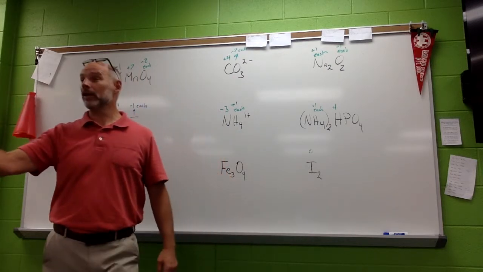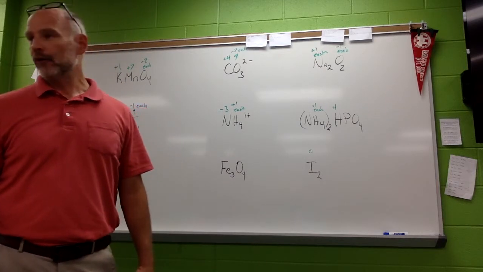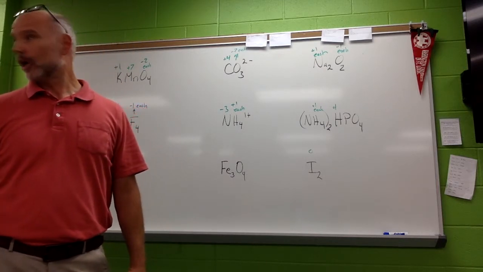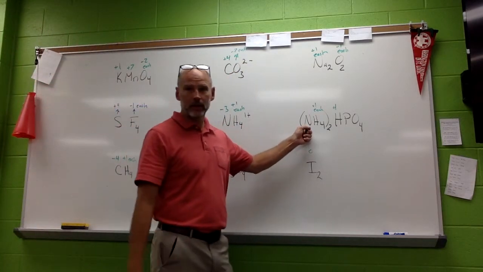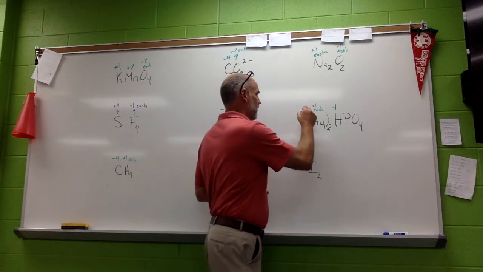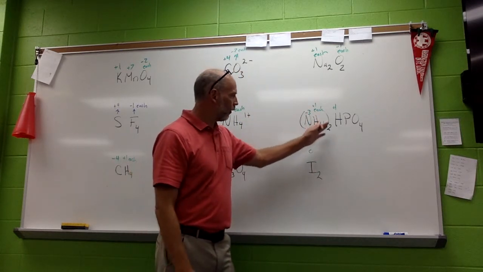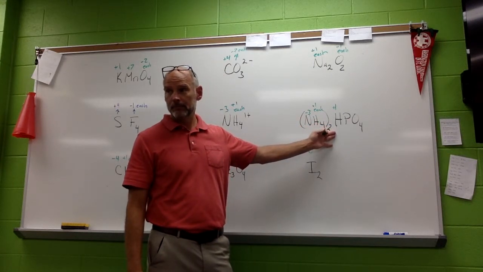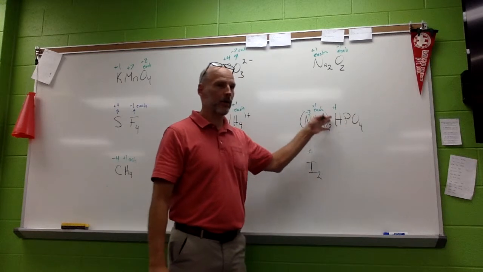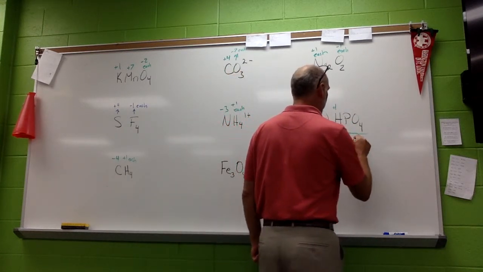Okay, there you go. The ammonium ion, so you guys recognize that, right? The ammonium ion has a 1+ charge. If that's the case, then this nitrogen must be -3. If this is a 1+ charge and there's 2 of them, this whole thing must be -2.